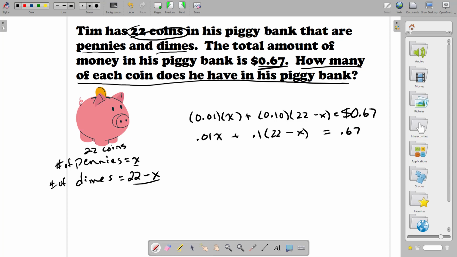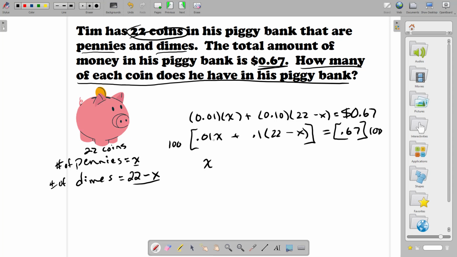Okay, I don't really like to work with decimals, so I'm going to multiply this side of the equation by 100 so that it moves the decimal place twice. If I do that over there, I have to do that over here. So 100 times 0.01x becomes 1x.